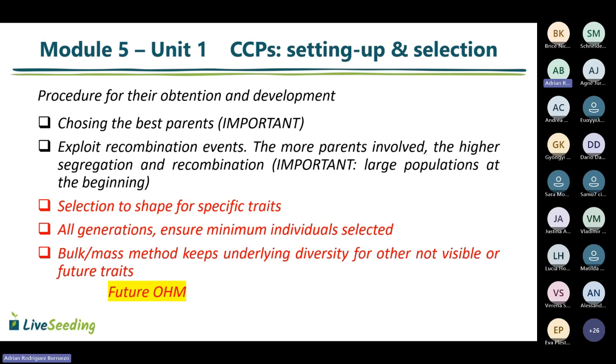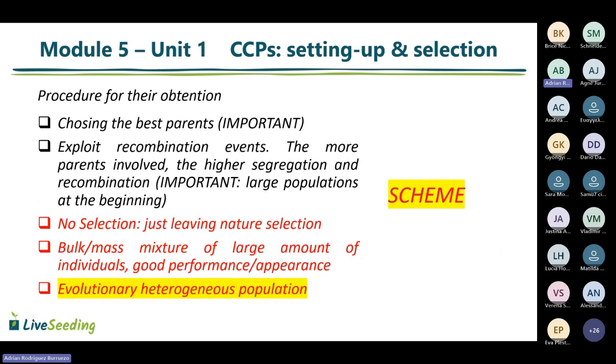This diverse genetic background must be kept for future events. And also the bulk mass method keeps underlying diversity for other not visible or future traits, as I told you. As a result of this procedure, you will go towards a future organic heterogeneous material, working under organic low input conditions. Alternatively, you have another option.